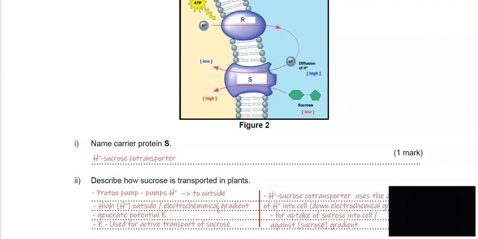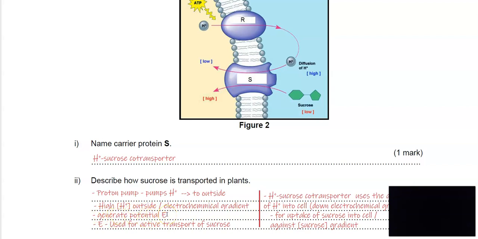So this will cause an electrochemical gradient to be generated. Electrochemical, only one M here. So a high electrochemical gradient will be produced. Therefore this will generate a form of energy, which we call potential energy.